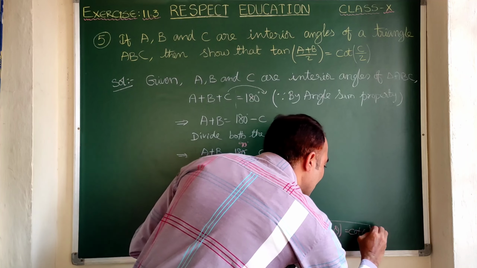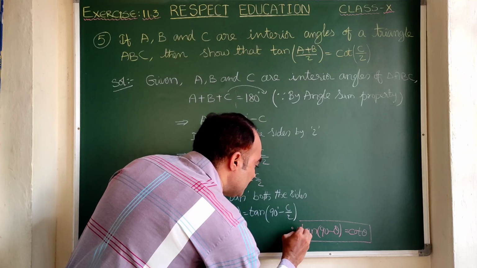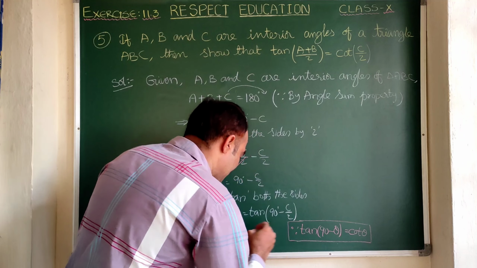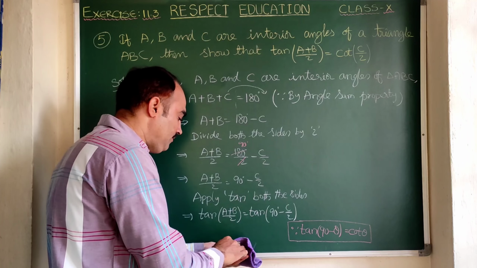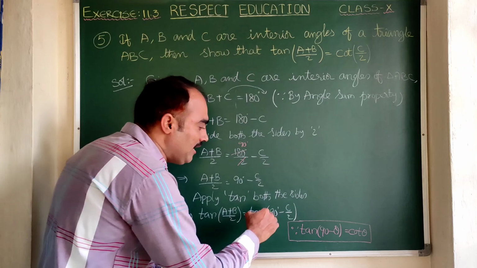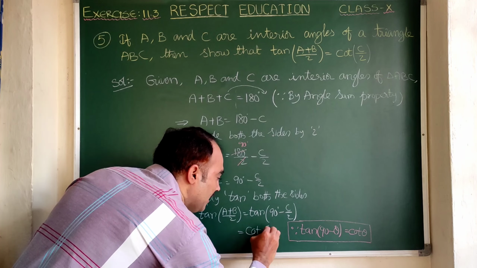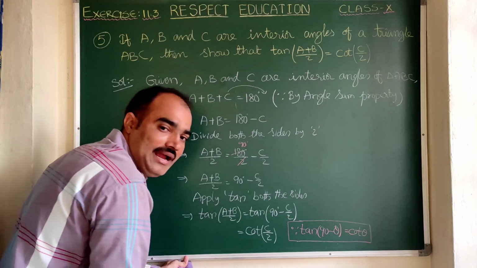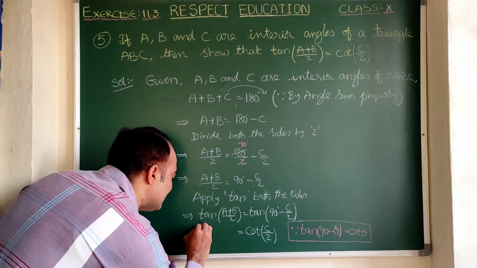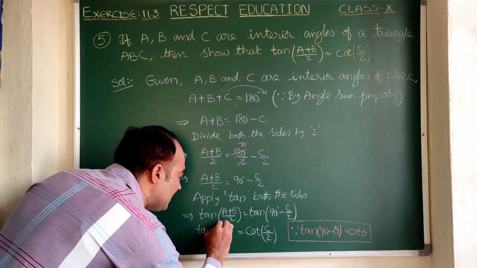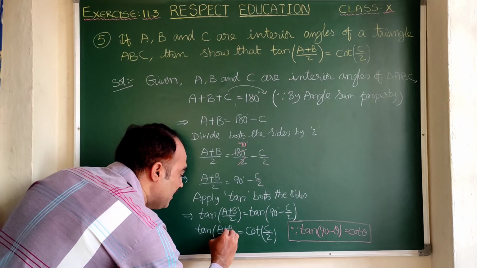Using this formula, let us change this tan of (90 minus c/2) as cot c/2. Is it clear? Yes, sir. And LHS let us write as it is. That is tan of (a plus b)/2.